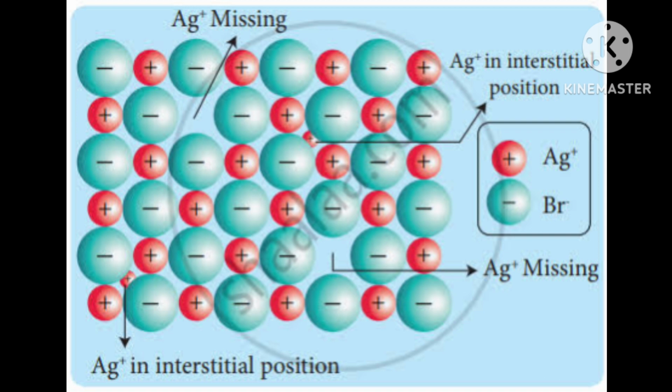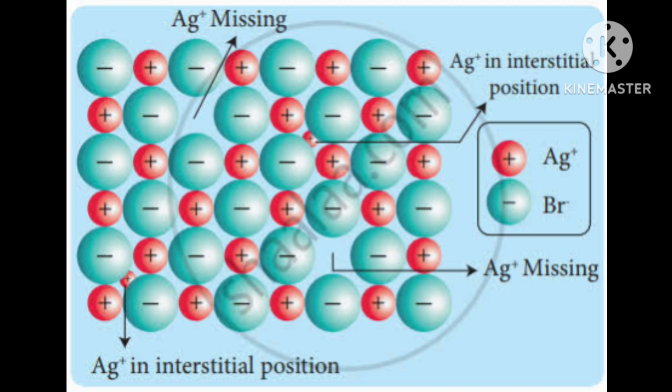And how many defects are there? 10 to the power 6 Schottky pairs per cubic centimeter will be there at room temperature, meaning defects.